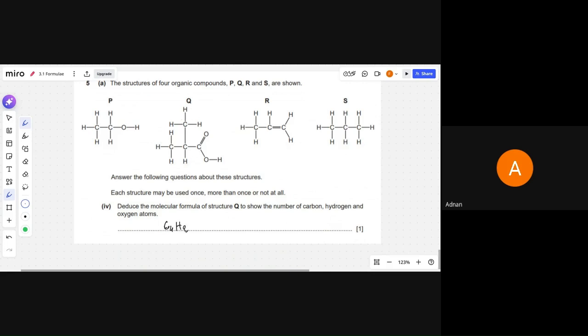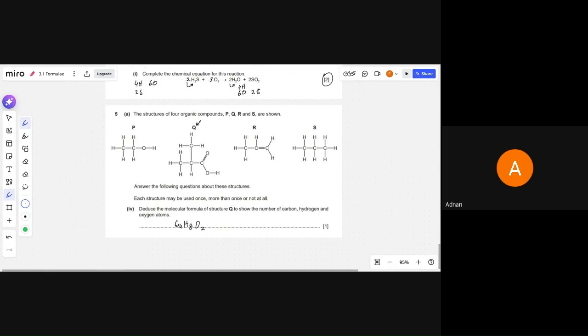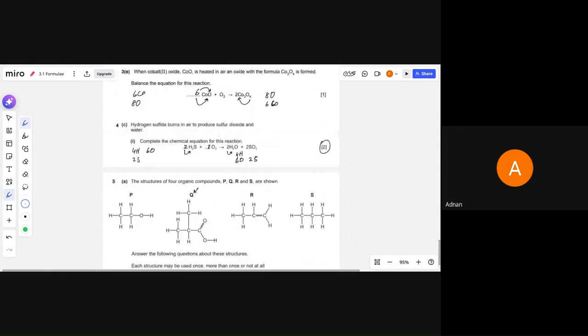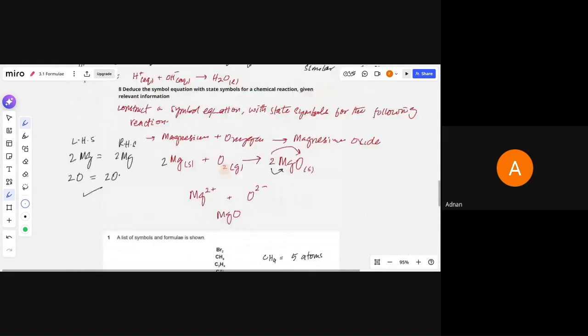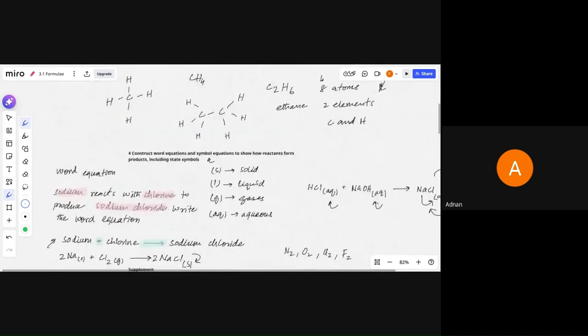So 8 hydrogens, and 2 oxygens. So this is structure Q, and that is its molecular formula, right? This is how you will be asked questions on this topic, 3.1 formulae.